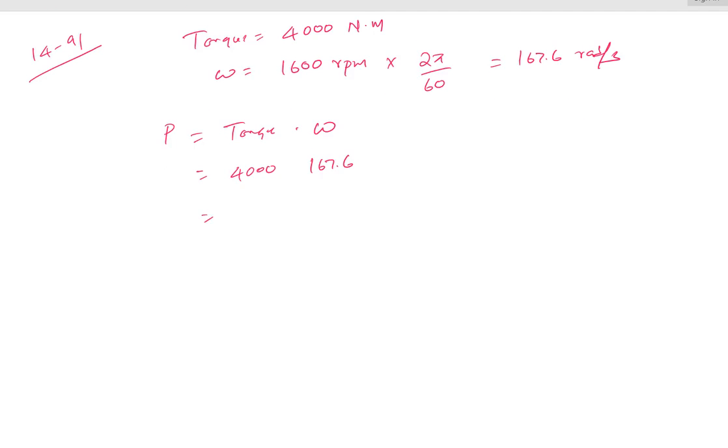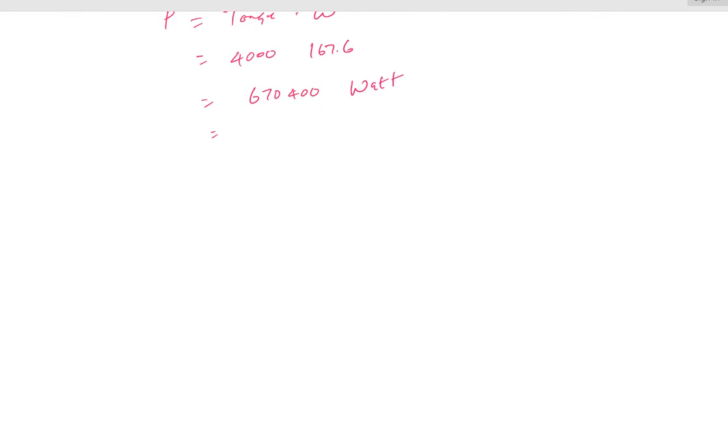What do we get? 670,400. So you get that many joules per second, or let's just write watts. Or you can divide by 1000, and generally when you have a large number like that, you convert it to kilowatts. You can say 670.4 kW.